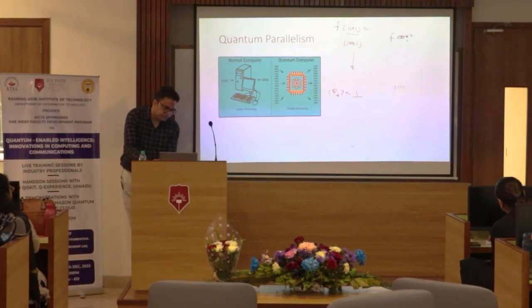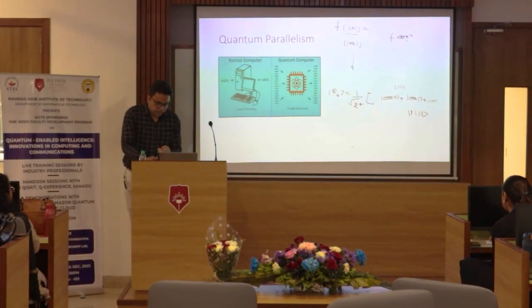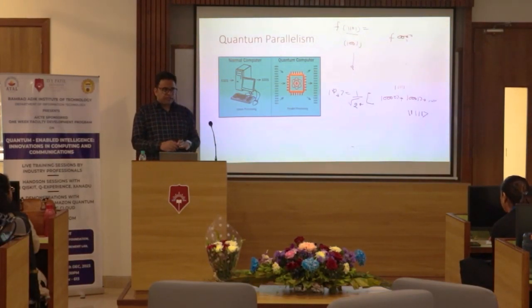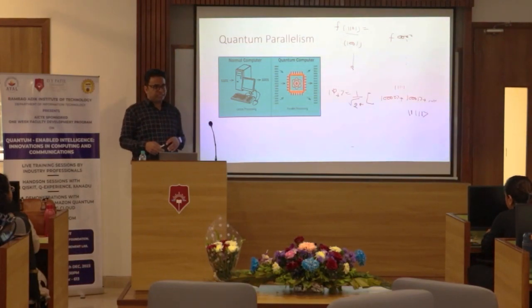We will have a superposition of all states, which we can create easily. 4 qubits are there. If we apply 4 Hadamards on them, then we will have this kind of superposition state.